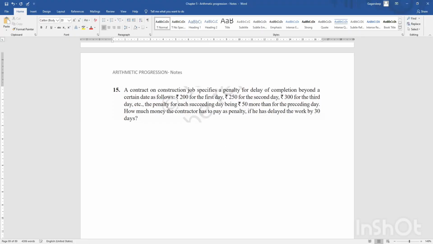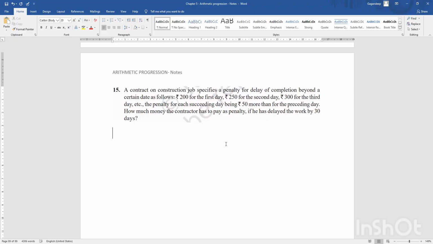Okay. Now here, this particular situation forms an AP. Why? Because if you look at it properly, 200 for the first day they mentioned, so that's the first term a1, and the second term is 250 for the second day, that is a2. And then they clearly mentioned that the penalty for each succeeding day is 50 rupees more than the preceding day.